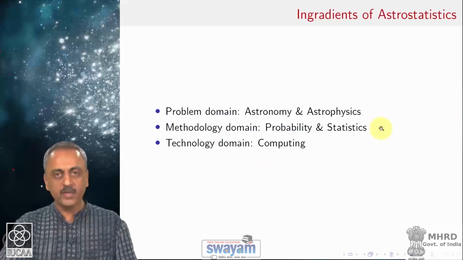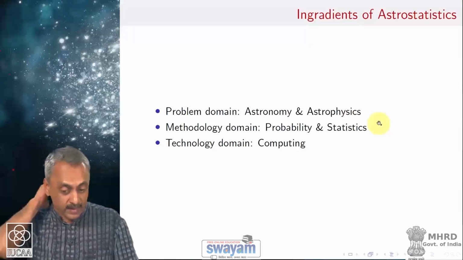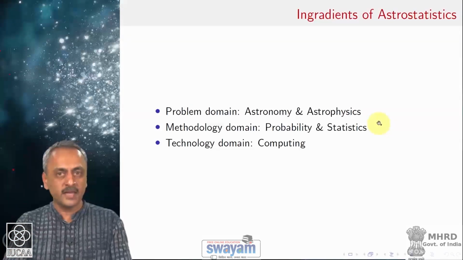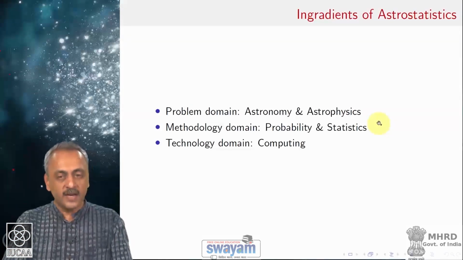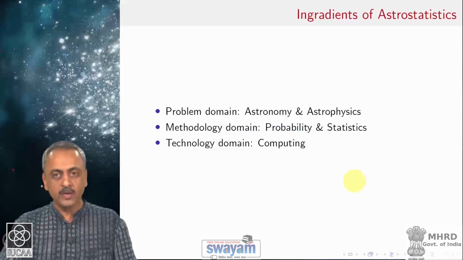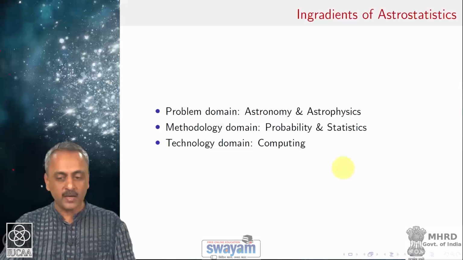Oftentimes, whatever methods you devise, based on the complexities of the data and complexities of the method, it is not possible to handle them in an analytical fashion. It does involve computation, and it is best to resort to computing and computers, so that brings in the technology part.